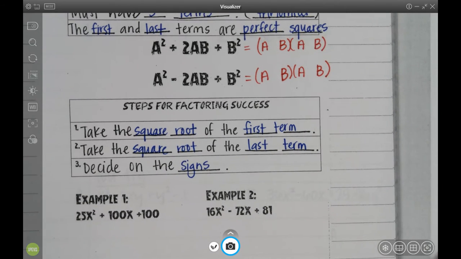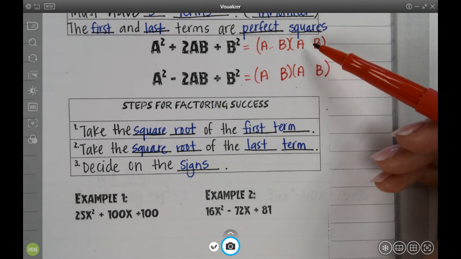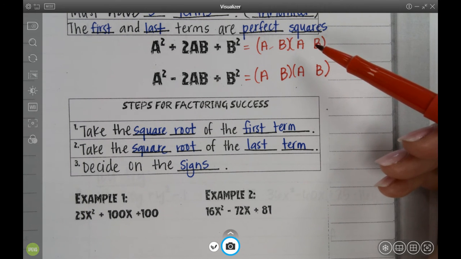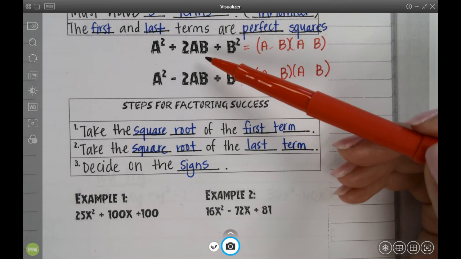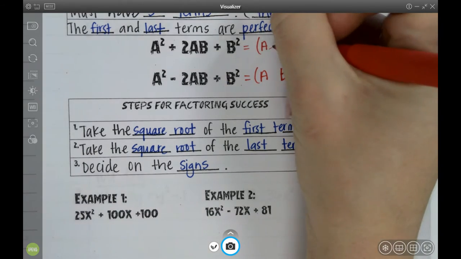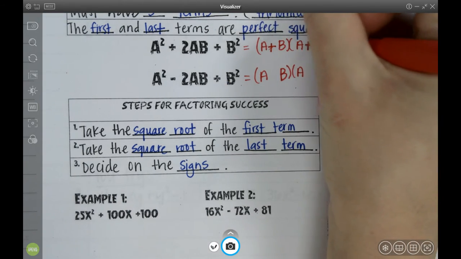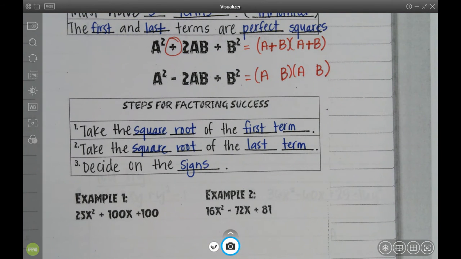Okay, so on the last ones, if I made one positive and one negative, what happened to my middle term? It canceled out, and then I was only left with 2 terms, right? Do I want them to cancel out this time? No. So if it's a perfect square trinomial, if that middle term does not cancel out, then they're going to have the same sign. And it's going to be whatever sign is right there.